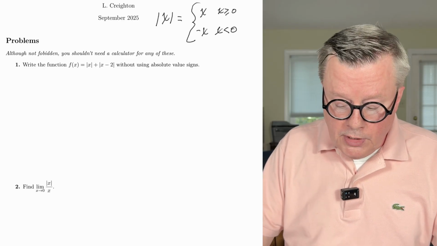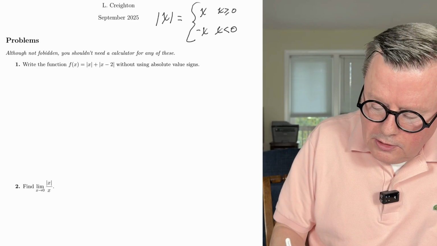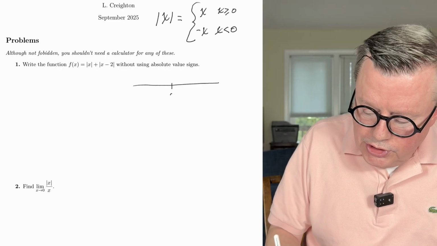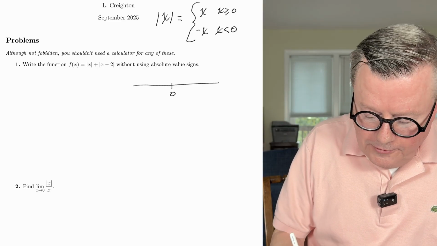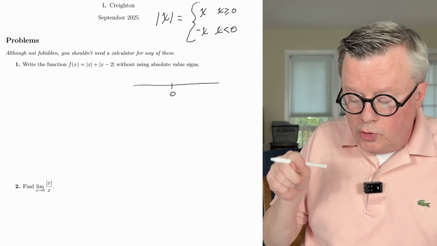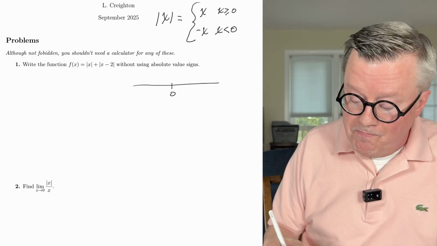The interesting parts of this function, I think, are where, let's see, at x equals 0, this first function changes signs, right? So x equals 0 is certainly a place we need to examine.